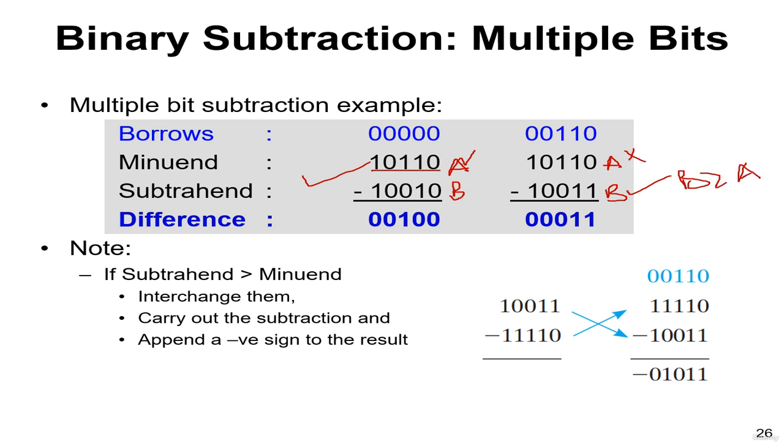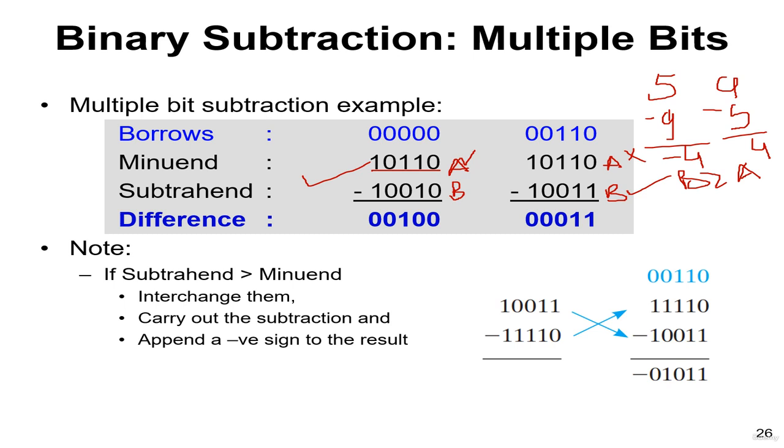So what we normally do in the decimal number system, let's say if we are subtracting something like 5 minus 9, is we do not do 5 minus 9. Instead, we perform 9 minus 5, the difference is 4, and then we place a minus sign. So 5 minus 9 would be equal to minus 4.